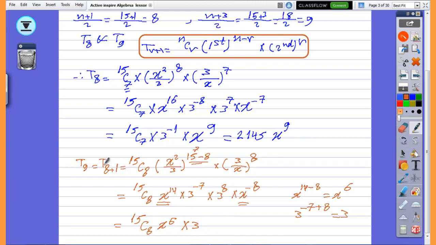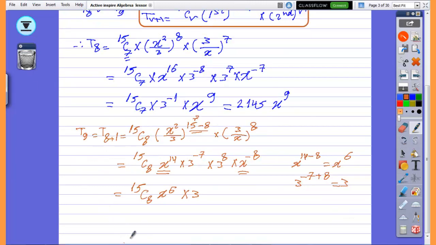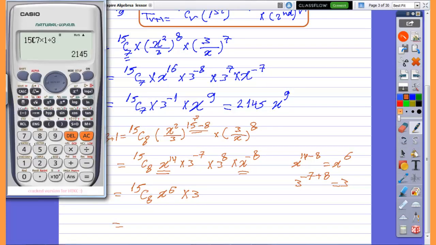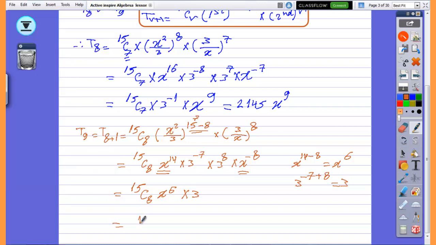And now it's easy to calculate it in the calculator. Here we have 15C8 equals 6435, times 3 equals 19305. So the answer is 19305 x power 6.